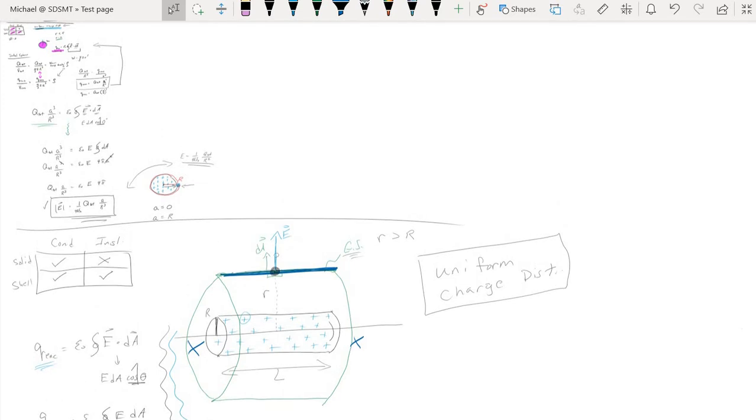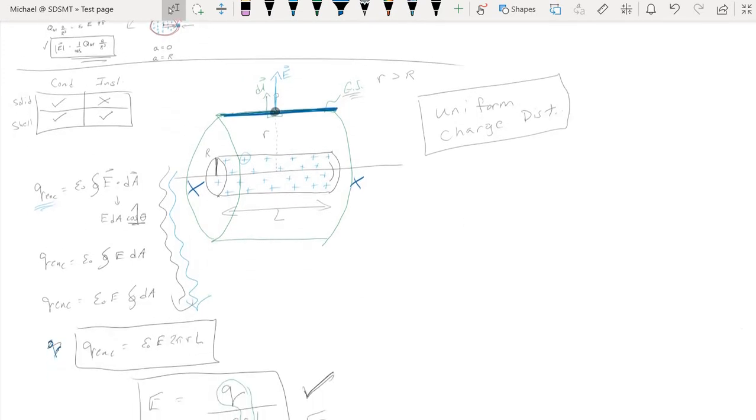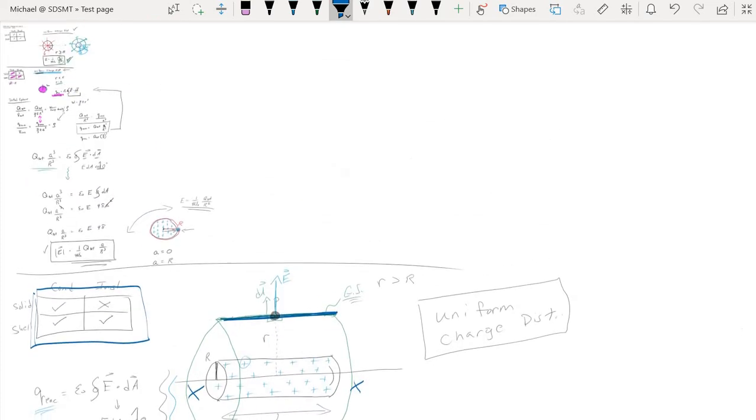But now we can use Gauss's law to go inside any of these constructs, and given what the material is made of and whether it's solid or a shell, we can then use Gauss's law to tell us what the electric field inside of these shapes is going to be.